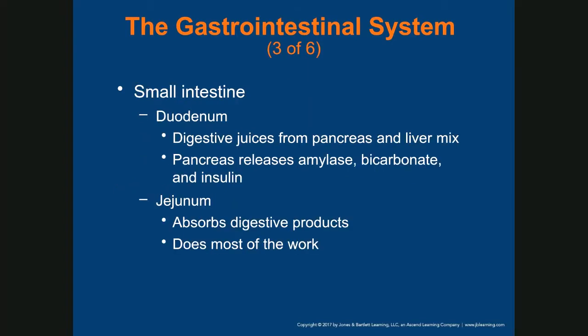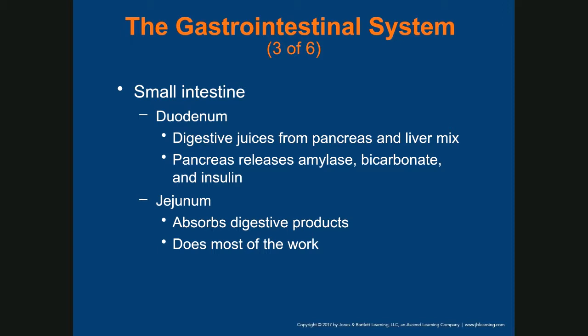Now, the small intestine consists of the duodenum, the jejunum, and ileum. So within the duodenum, digestive juices from the pancreas and the liver will mix. The pancreas releases amylase, bicarbonate, and insulin. Right? So the pancreas aids in the digestive process and helps to neutralize certain acids.